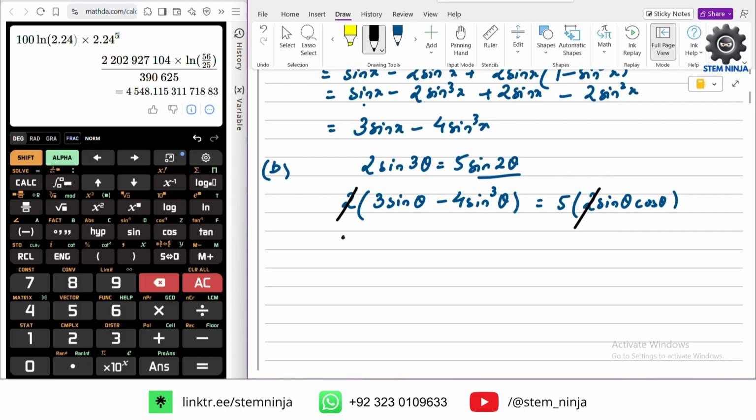If we take everything on one side, you have 4 sine cubed theta minus 3 sine theta plus 5 sine theta cos theta equal to 0.